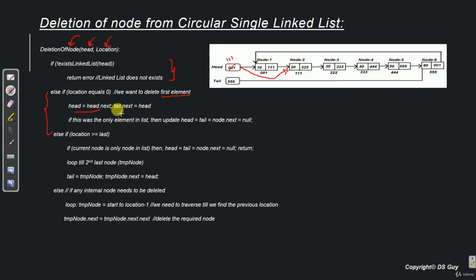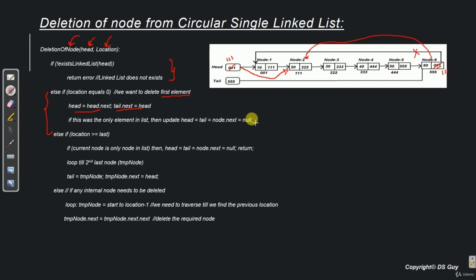Now the next step is tel.next is equal to head. What is tel.next? It is this reference here. So this will become head. What is head right now? It is node 2. So we'll put 111 over here. So this will get destroyed and node 6 will start pointing to node 2.